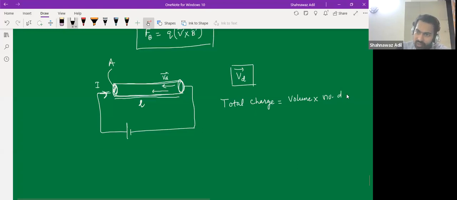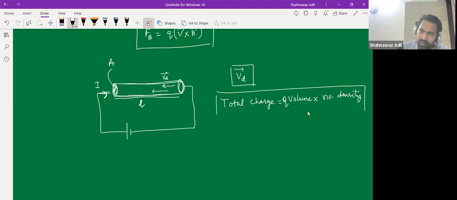Number density, right? This would be total number of charges, and let's say one charge is Q. Understood, guys? Is this clear? So total number of charges is this, and one charge is carrying this much amount of charge, right?